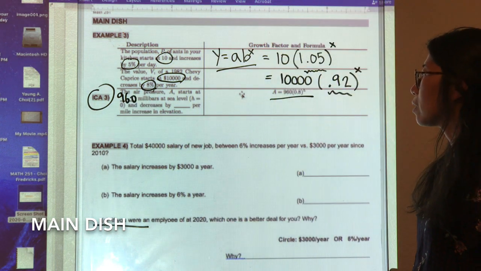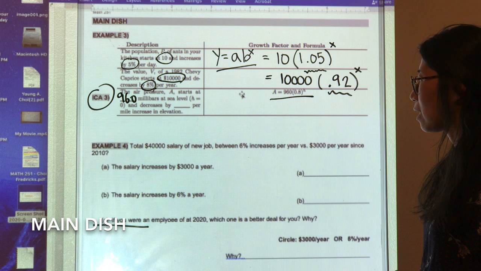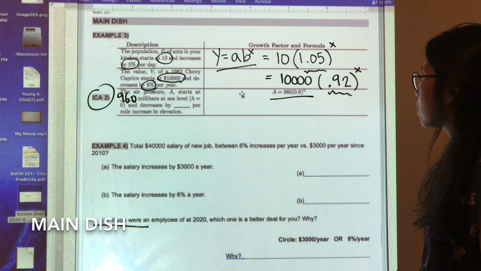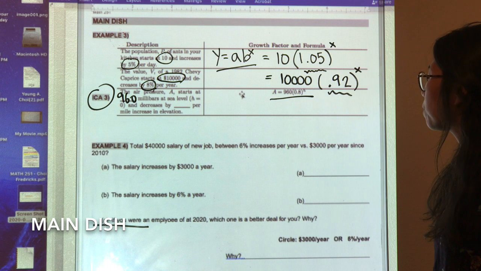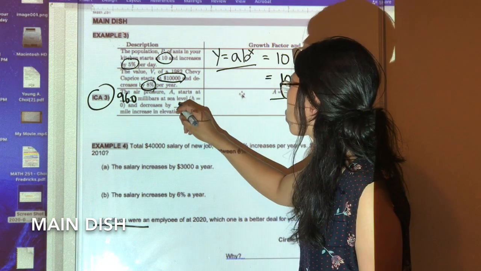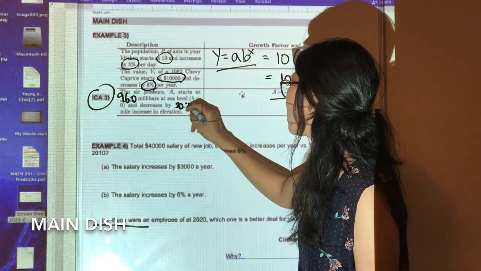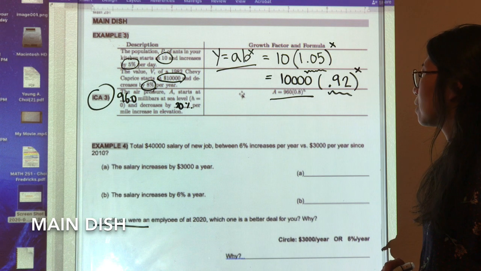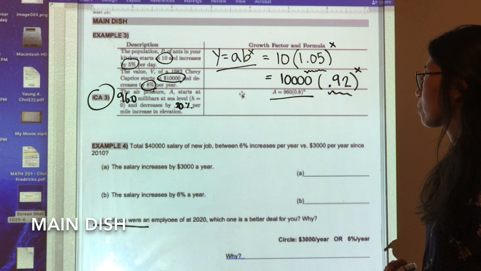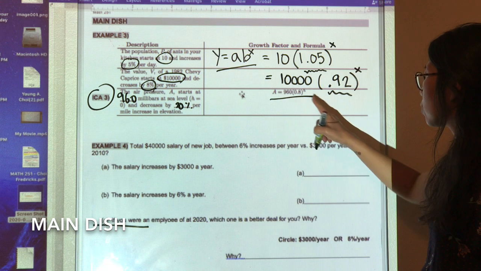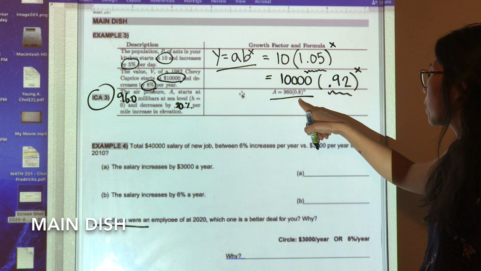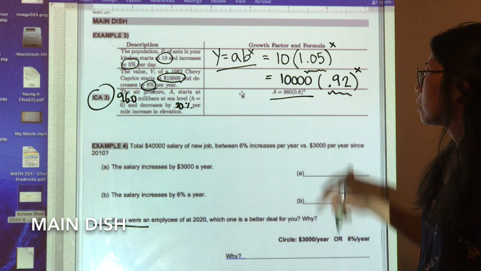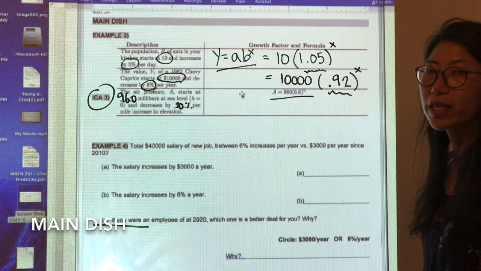So it starts at 960 at sea level, and then it's going to be decreased by 20% per mile. Because as you can see, it's going to be 0.8, so that will be decreased by 20%.